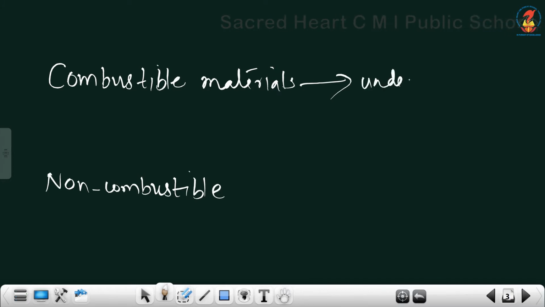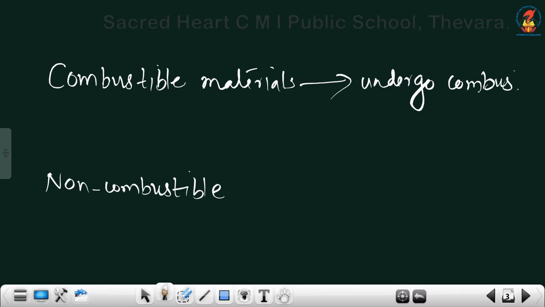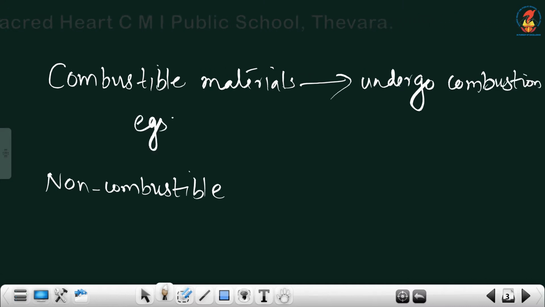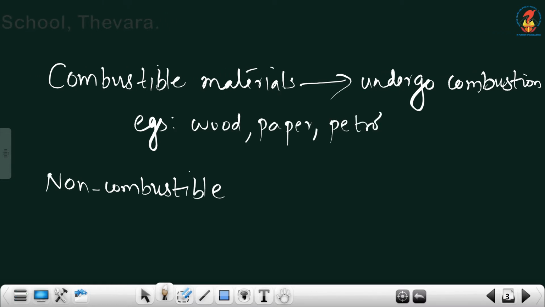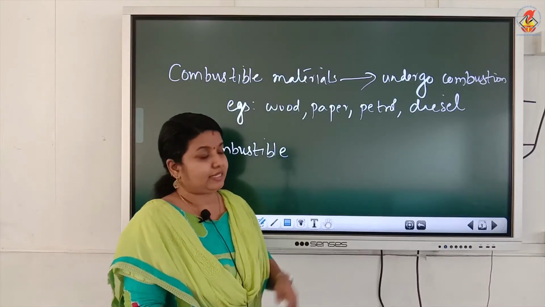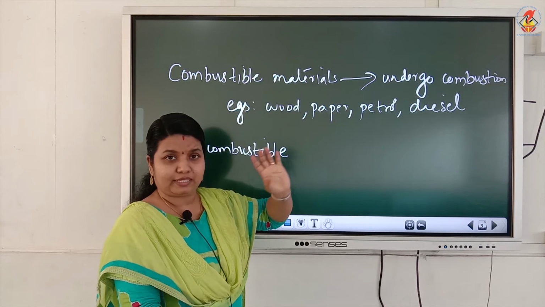Materials that undergo combustion are known as combustible materials. Examples are wood, paper, petrol, diesel. All these are combustible materials. So materials that undergo combustion are known as combustible materials like wood, paper, petrol, diesel, etc.